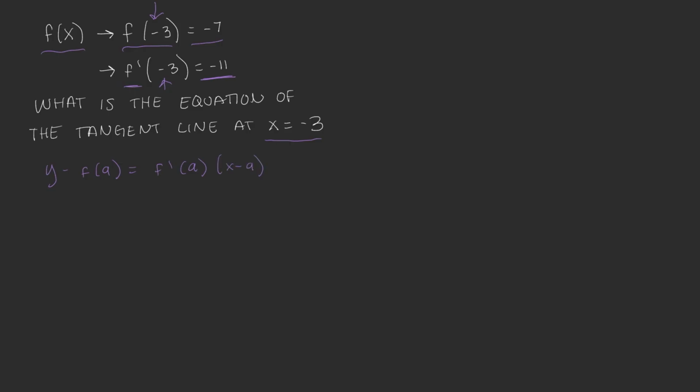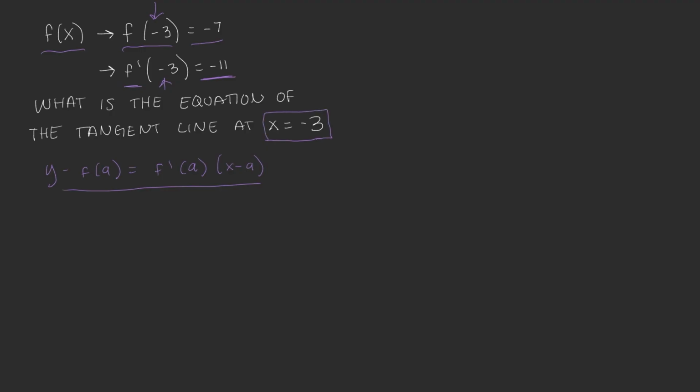So I find this one confusing, but it's still important to remember this one, and to also remember the slope-intercept form and the point-slope formula. Those three are very important to memorize and to learn, and to know when to apply them. But for this one, we're going to be using this right here. So remember, our a is just our -3, right?